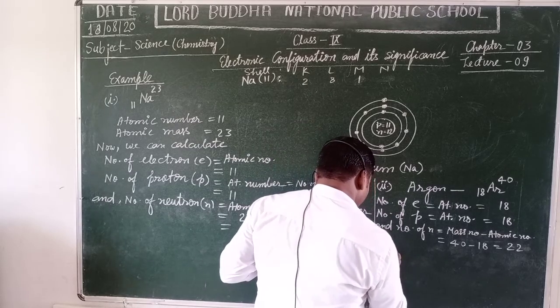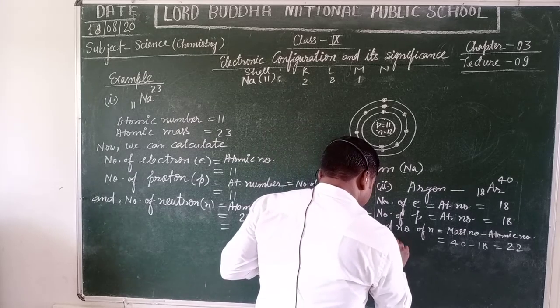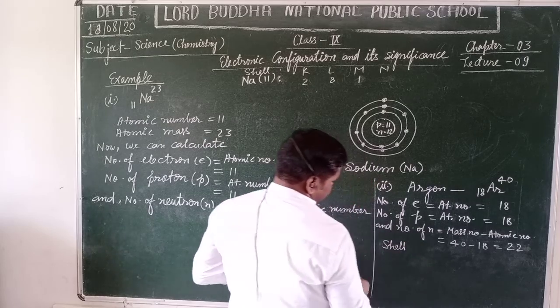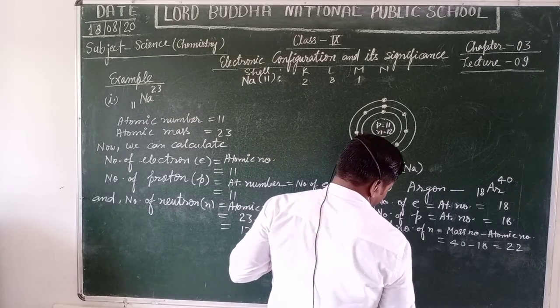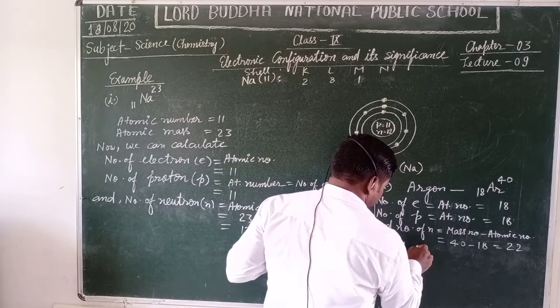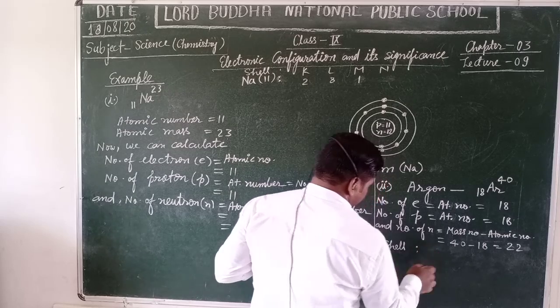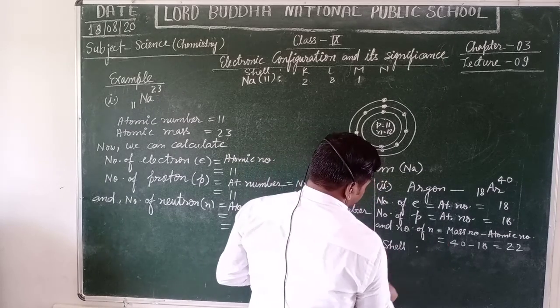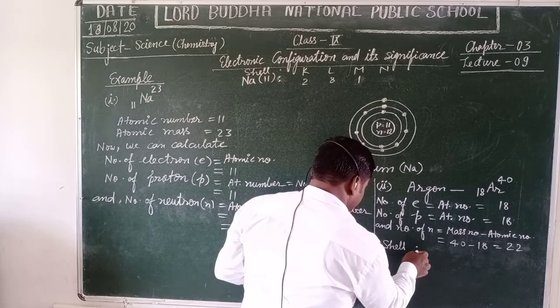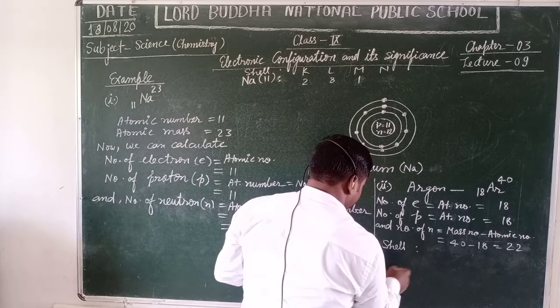Now we can illustrate the distribution of the electrons of argon into the different energy levels or shells or orbitals.